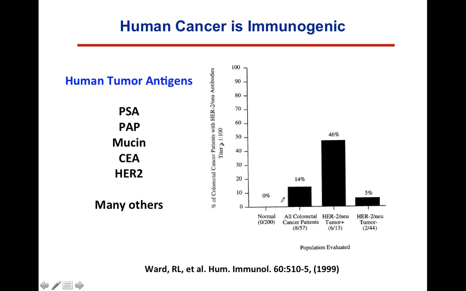So if you look at this, here's normal. If we take a population of 200, we'd see no antibodies to this antigen, HER2/neu, okay? If we look at all colorectal cancer patients, interestingly enough, 14% of them actually have antibodies to HER2/neu.